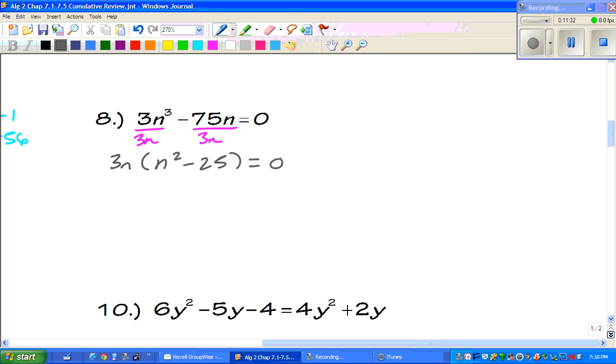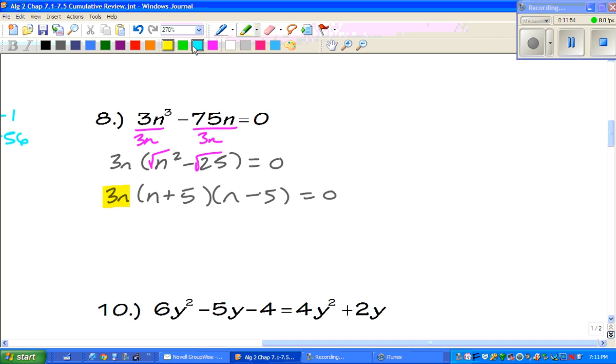Okay, and now it's not the difference of two cubes, it's the difference of two squares. So we square root both sides, and we get 3n. Remember, one's a plus and one's a minus. Square root of 25 is 5.